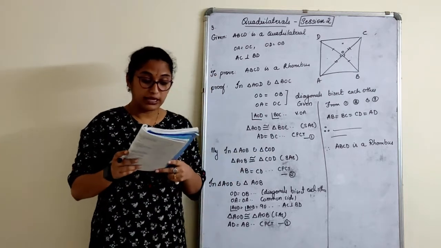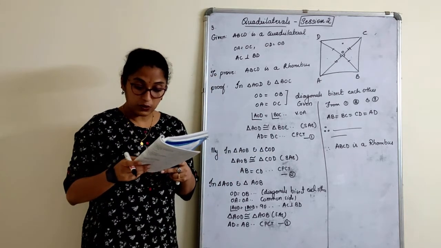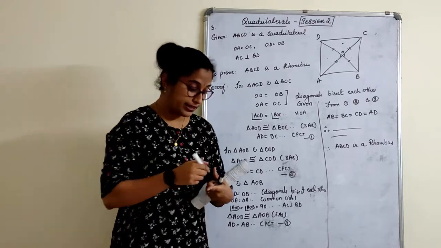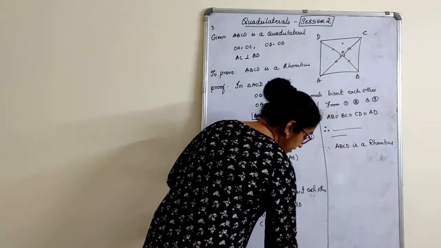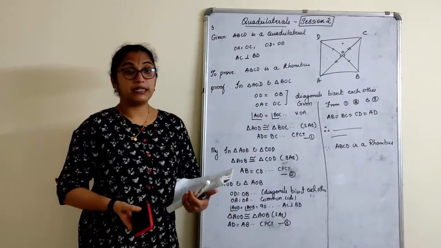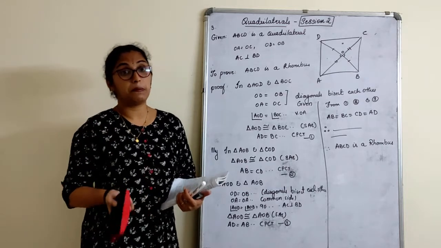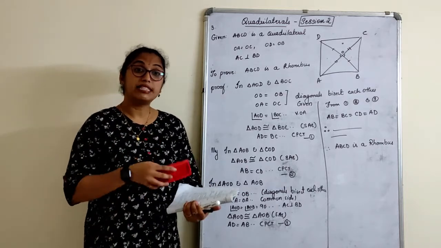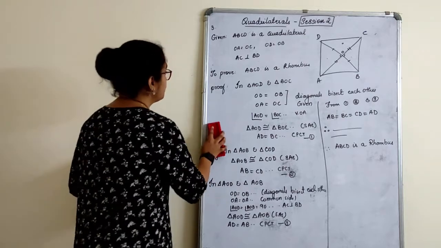Fourth one. Show that the diagonals of a square are equal and bisect each other at right angles. We know that diagonals of a square are equal. That's a property. And they also bisect each other perpendicularly. We also know that. Same thing we have to prove it here.